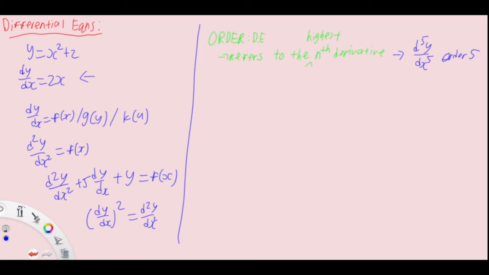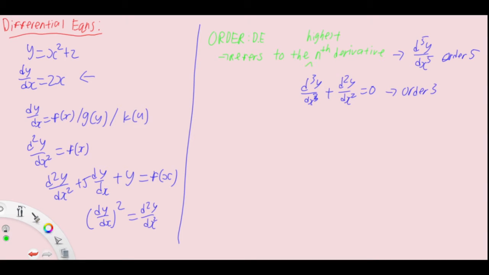So if I have d⁵y/dx⁵ plus y equals f(x), then that would be order 5. If I, let's say, have d³y/dx³ plus d²y/dx² equals 0, then this would be order 3.